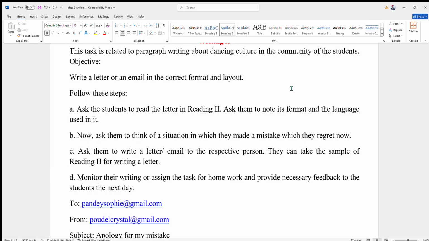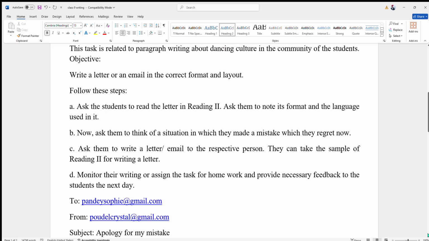They can take the sample of the reading section for writing a letter. Monitor their writing or assign the task as homework and provide necessary feedback to the students the next day. Let's see.